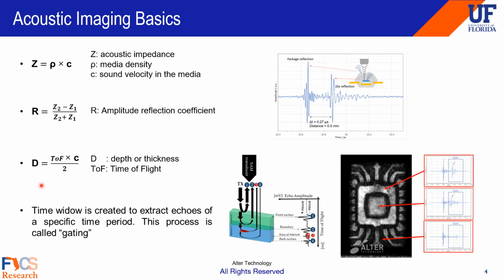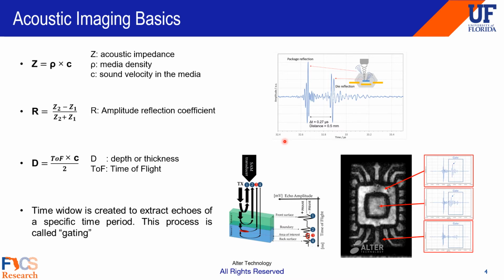Another characteristic of this pulse-echo approach is the depth of the interface inside the specimen. We can calculate the depth of the interface by using the time of flight, which is the time for the wave to travel from one interface to another, times the sound velocity, divided by 2. Here is an example of the aforementioned operation.